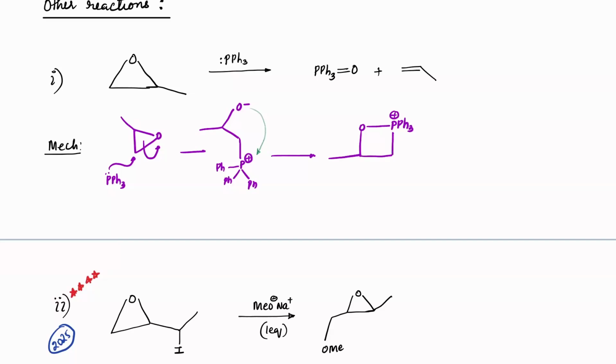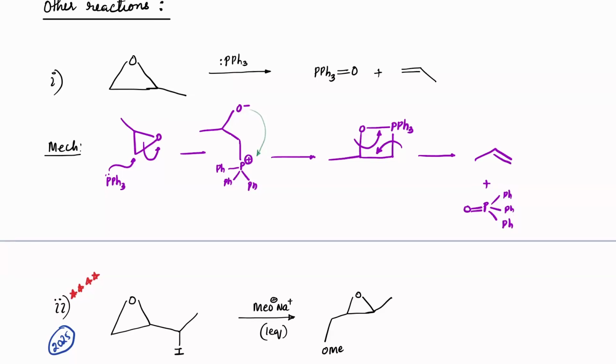And then that is connected here. Now that plus charge has gone because oxygen is supported with a bond. And now the bond breaking will take place. Because oxygen has more affinity for phosphorus, this bond will break here. So what do I get? I will get an alkene, and phosphorus will convert into P double bond O with Ph, Ph, and Ph. This is the product formation.